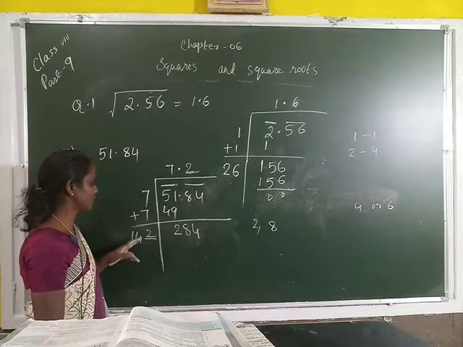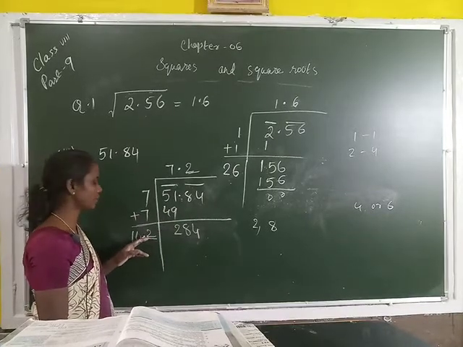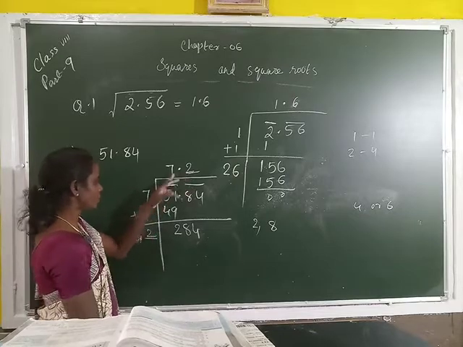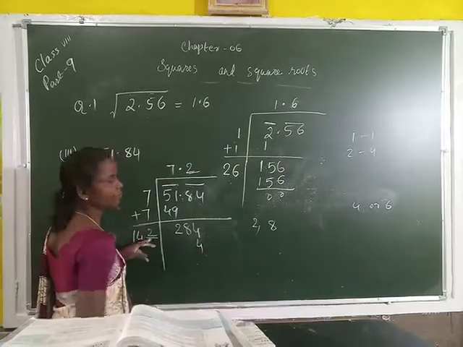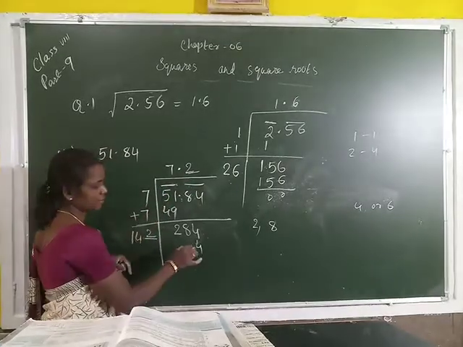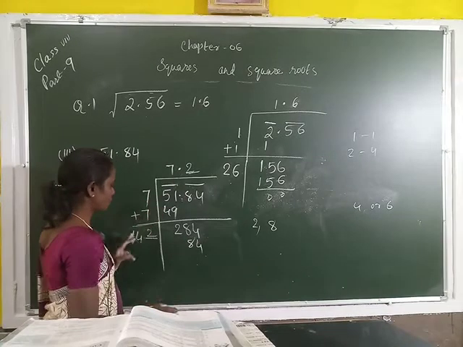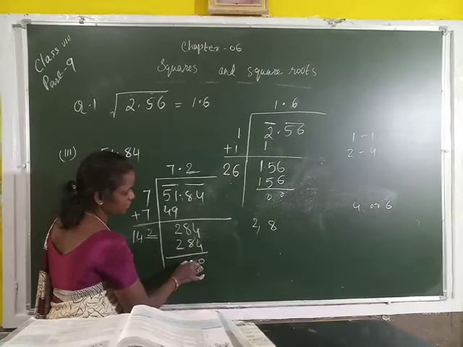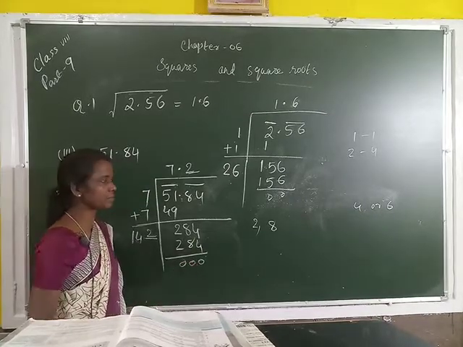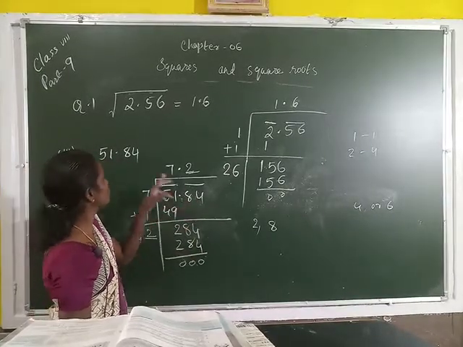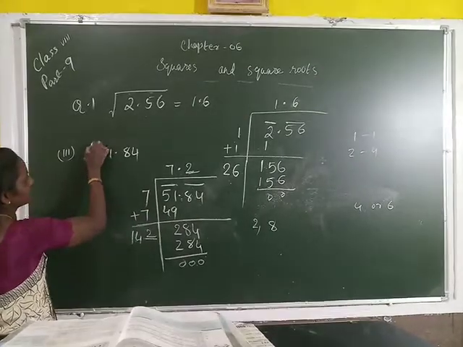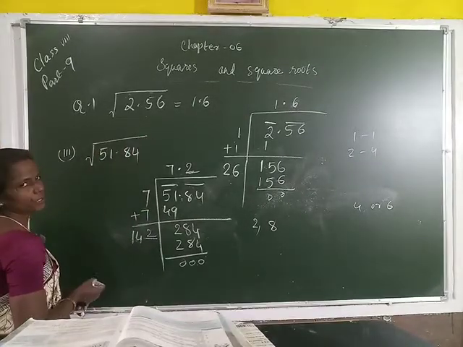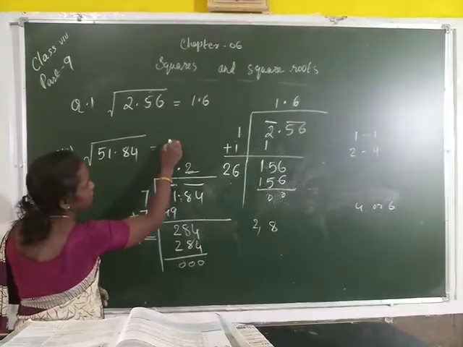Then here we get 142. This 142 multiplied by 2. 2 2s are 4. 2 4s are 8. 2 1s are 2. So we get the same number. So here the remainder is which number? Remainder is 0. So what is the root of 51.84? It is equal to 7.2.